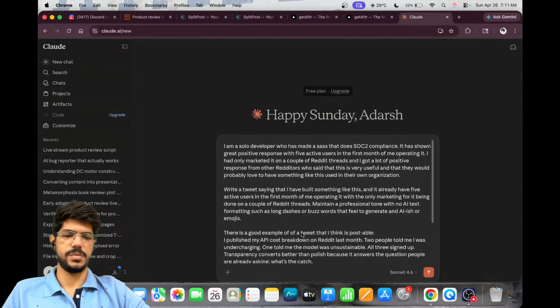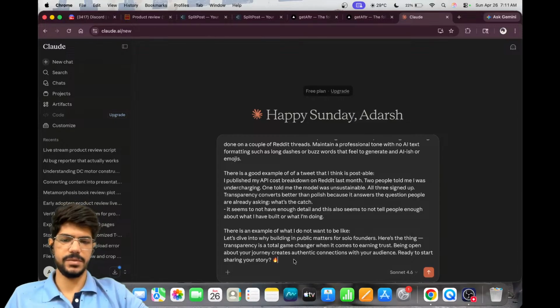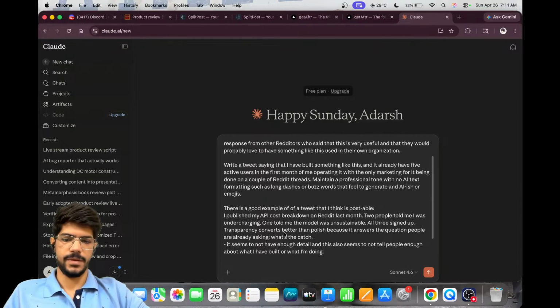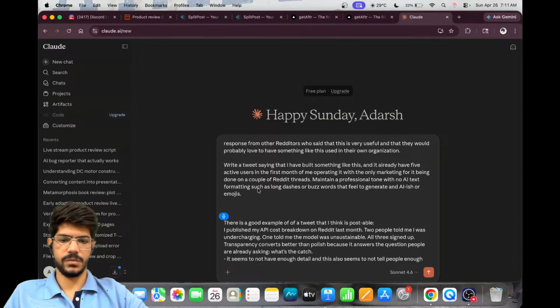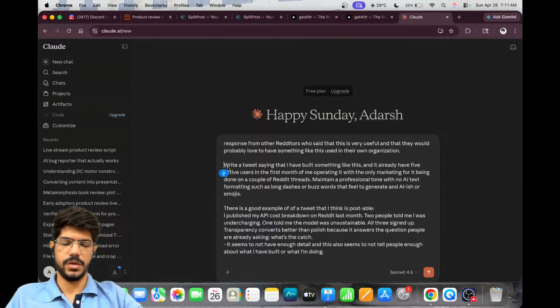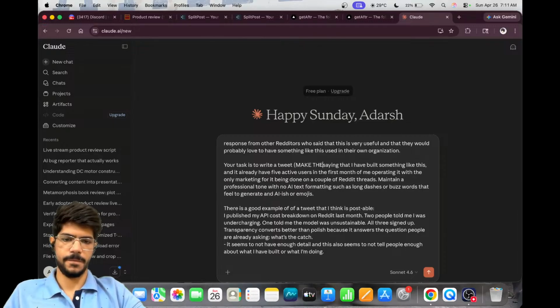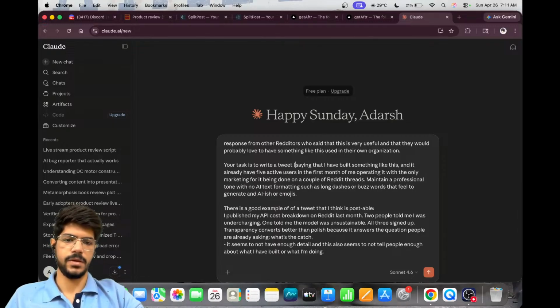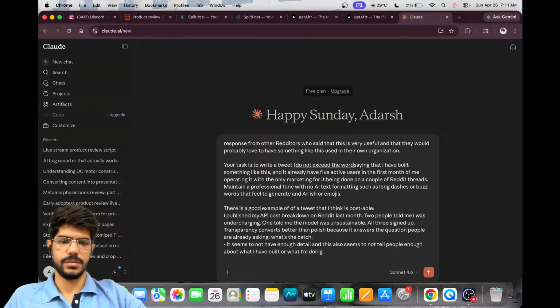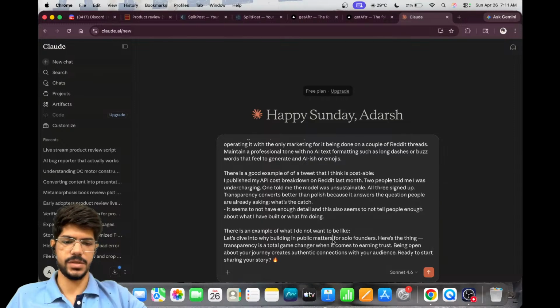Well, AI is smart enough to understand. Let's just see how many words it generates. Your task is to, do not exceed the word limit. Okay, now let's just run this.